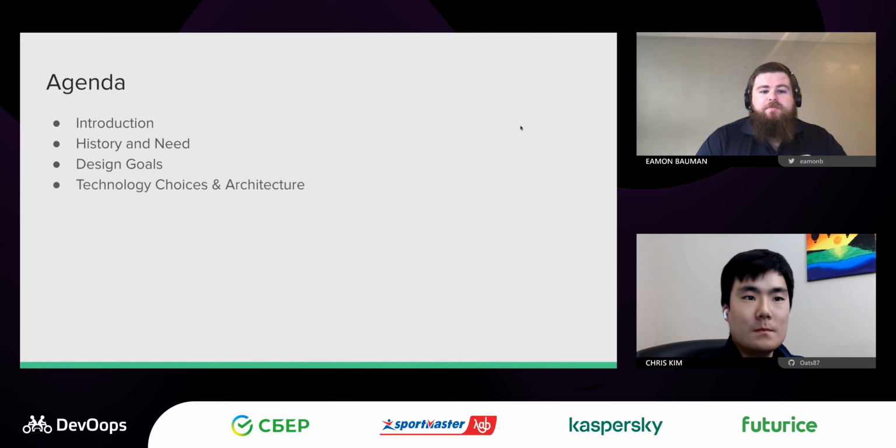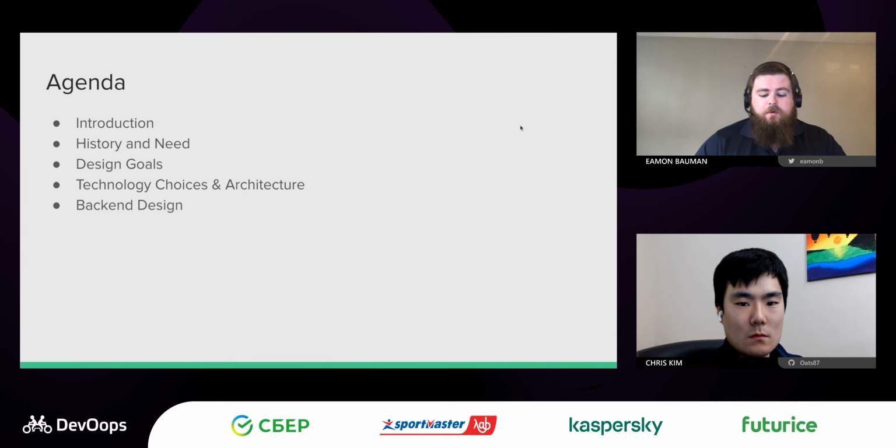We'll then have an exposé on the technology choices and the architecture for building HobbyFarm. After we've discussed the architecture and the technology choices, Chris Kim and I will break down the backend design and the front-end design. This is a web application, an in-browser training tool, of course.